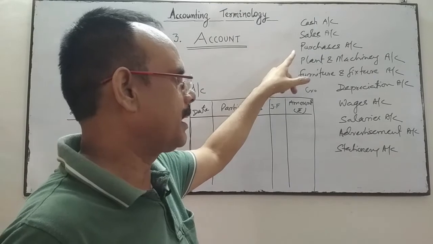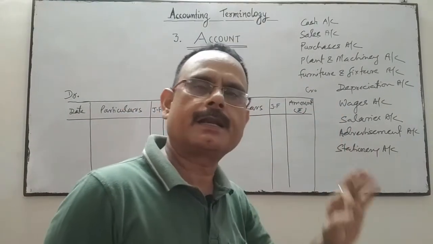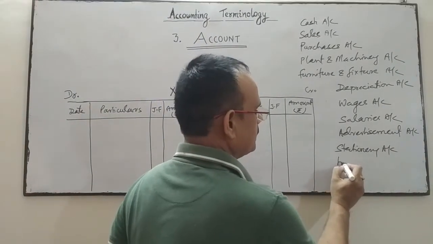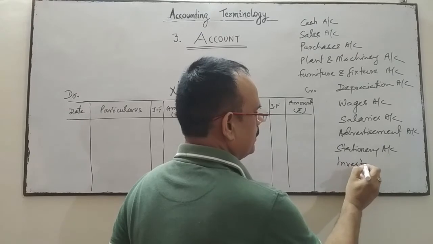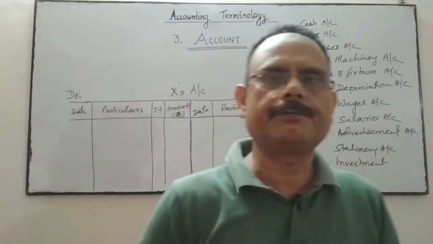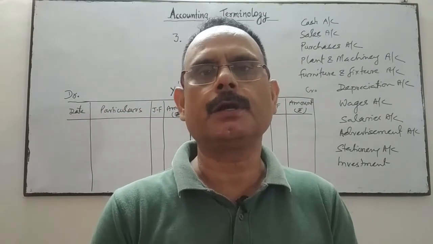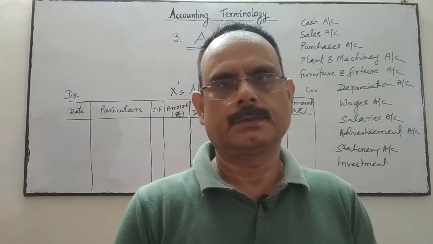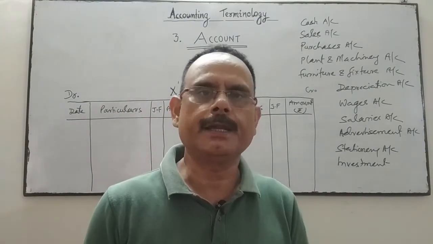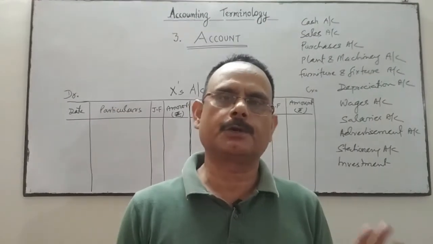Similarly, purchase, plant and machinery, furniture and fixture, depreciation, wages, salary, advertisement, stationery, investments. So one particular nature of transaction, if it is shown at one particular place, then it is called account. Okay. So number of accounts we maintain in our books of accounts.